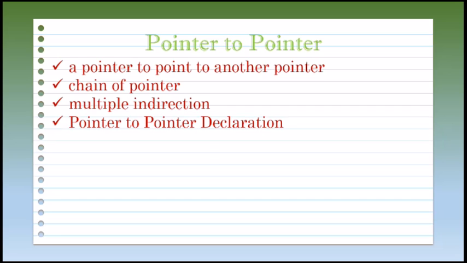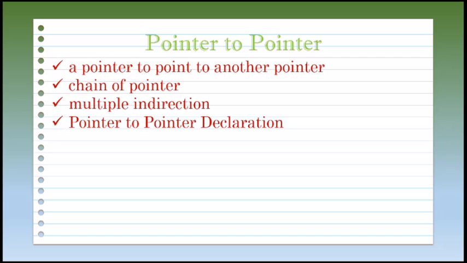So this is an example of declaring a pointer to pointer variable. If you see, we have used two star operators before the variable, which indicates that it is used to save the address of another pointer variable.